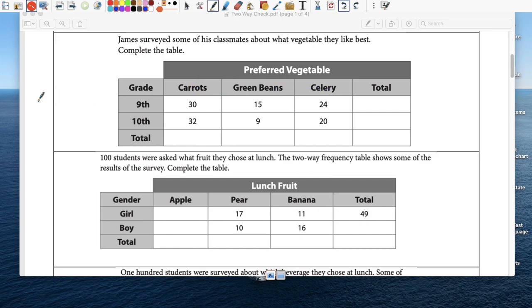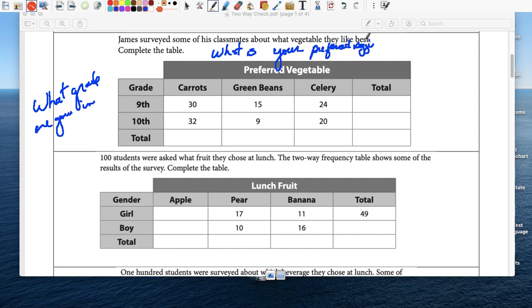So the first question is, what grade are you in? And the second question would be, what is your preferred veggie, given these three choices.